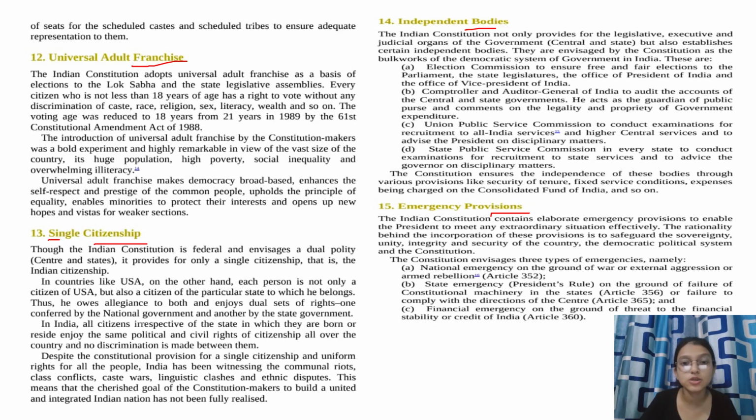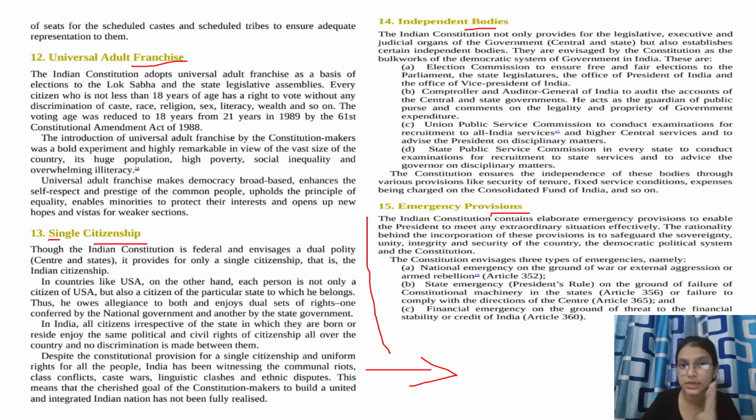That is what is mentioned in the emergency provisions. Till now, emergency has been applied only 3 times. That is for you to remember, in exactly which case this is mentioned.